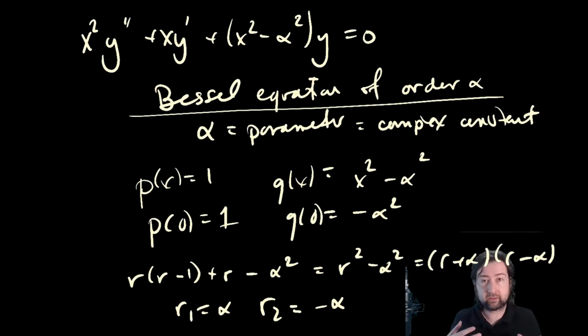And so this equation, as can be predicted from the fact that it has the right form, is one that is amenable to solution using Frobenius series.